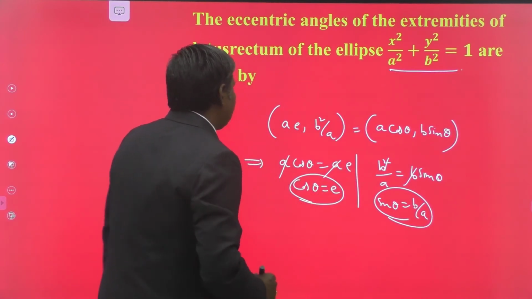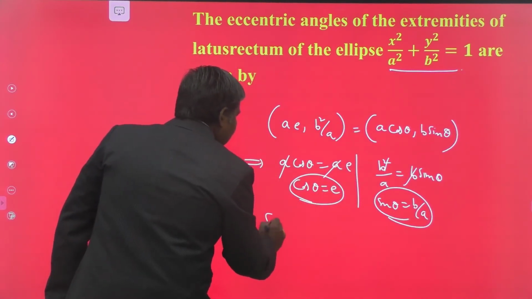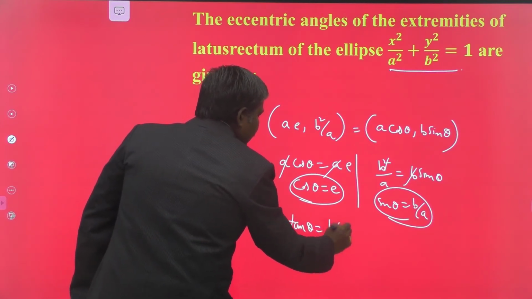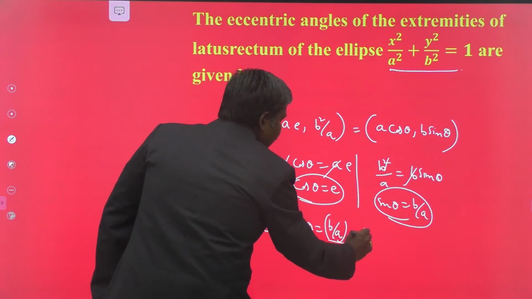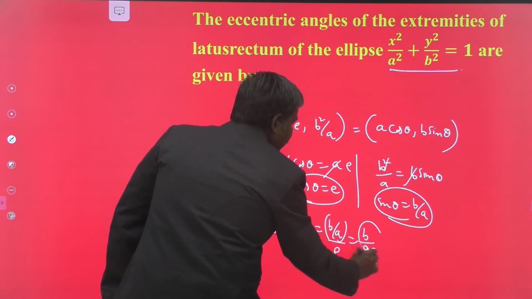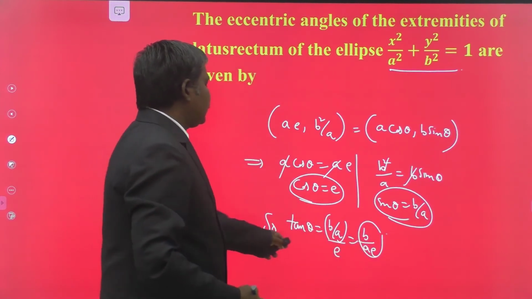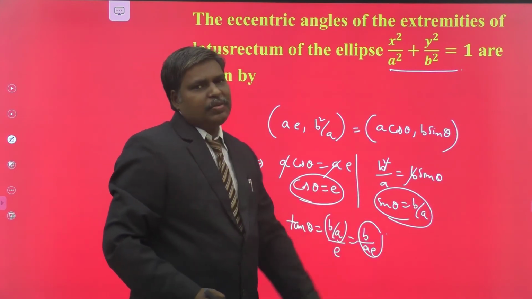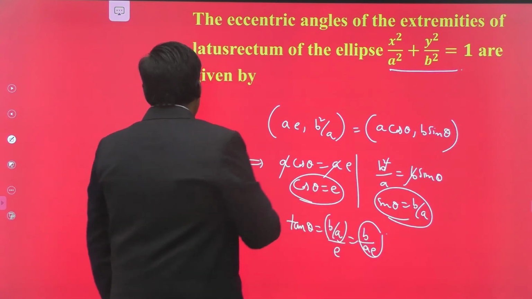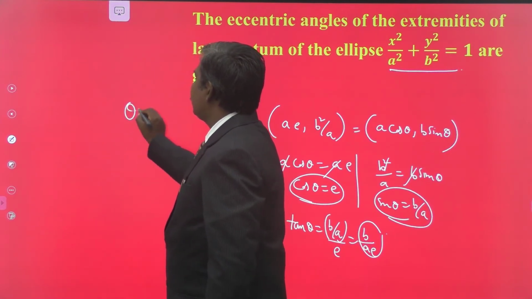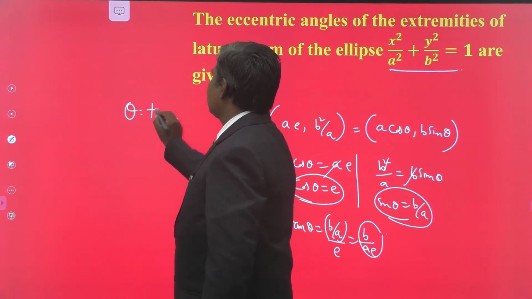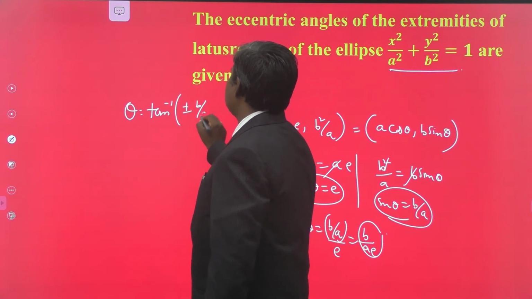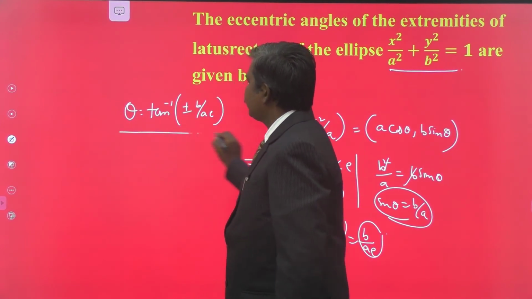You have sin theta equal to b by a. Cos theta is equal to e. So tan theta is equal to what? tan theta is equal to b by a by e, so b by ae. Tan theta is b by ae. For 4 quadrants, plus or minus b by ae we have. Therefore, the eccentric angles of the 4 extremities of the latus rectum are theta is equal to tan inverse of plus or minus b by ae.